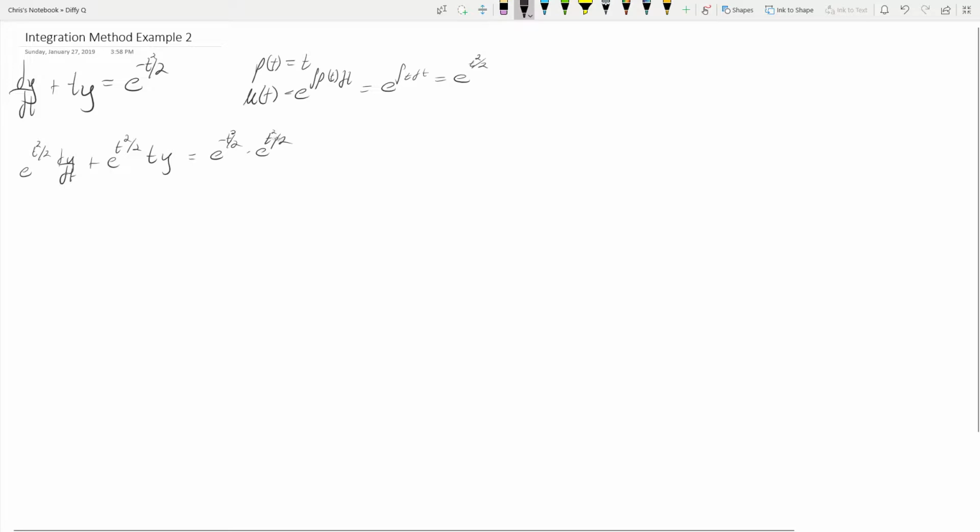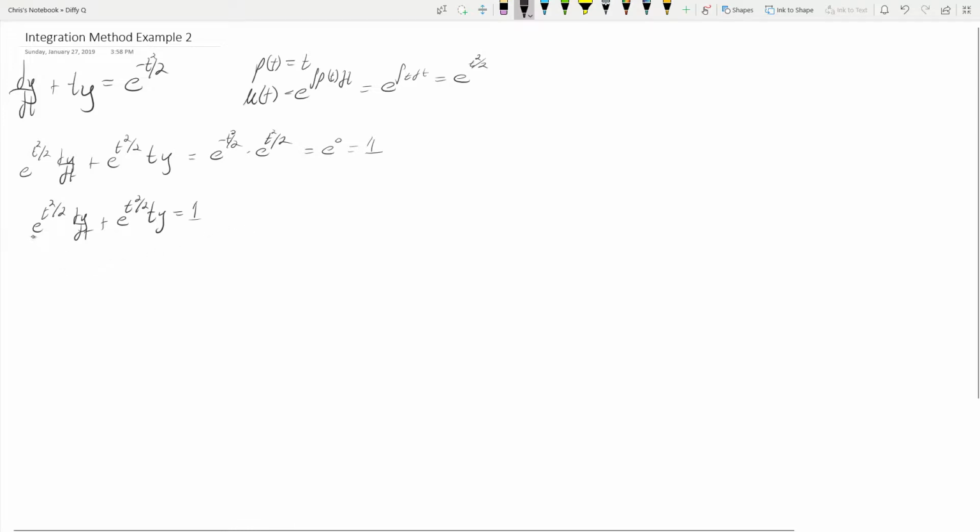Which is going to make this equal to e to the 0, because you're just going to add the exponents together, and that's going to equal 0, which is going to equal 1. So now we have e to the t squared over 2 dy/dt plus e to the t squared over 2 ty is equal to 1.